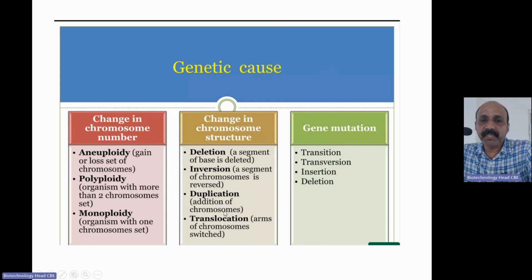Any type of change can occur in these cultures, or gene mutations, which are small changes: transition, transversion, insertion, deletion. Changes in chromosome structure involve a large portion of the chromosomes, whereas a gene mutation is in a small section of the gene. The most desirable will be the gene mutation, not an entire change in the chromosomal structure. This is the most desired mutation that can happen, the one that is advantageous to us in tissue culture.